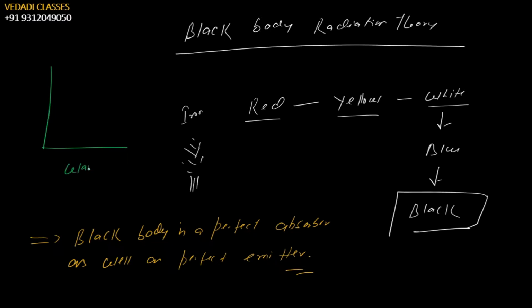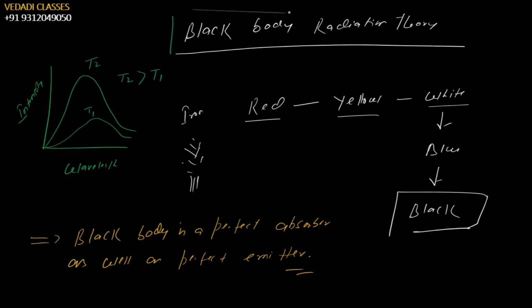Here we put the wavelength on this side, and here the intensity of heat. What we observe is that at different temperatures, different wavelengths are observed. At a particular temperature T2, this much is the wavelength. At the T1 temperature, the wavelength is somewhat different. At T2 there will be a different wavelength compared to the T1 temperature. So this is the black body radiation theory.